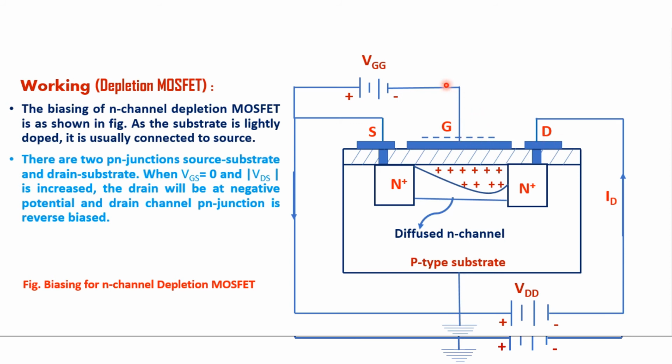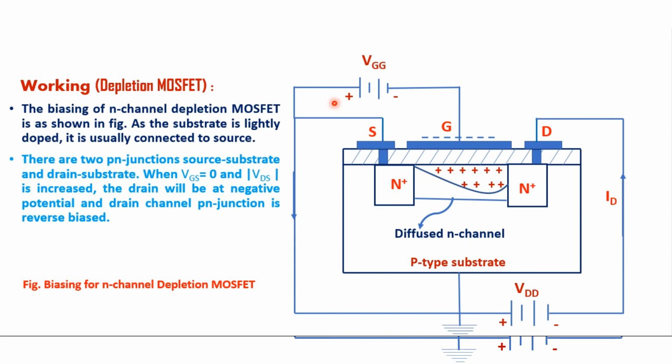This negative charge will be induced due to the capacitor action, and the population of charge carriers, that is electrons in the channel, increases and thereby enhances the current flow. Hence the conductivity of the channel increases with gate to source voltage becoming more and more positive. Hence these characteristic curves lie above that of gate to source voltage equal to 0.